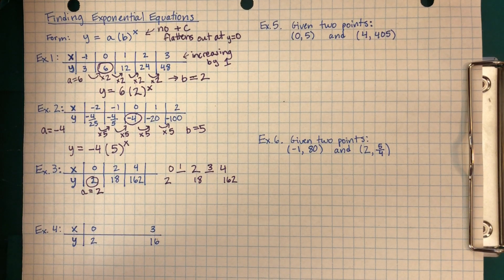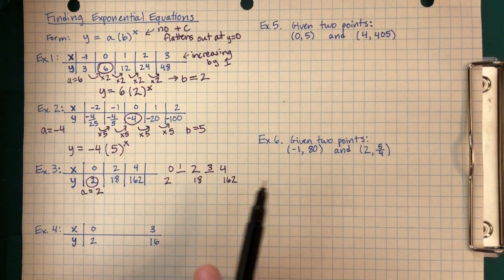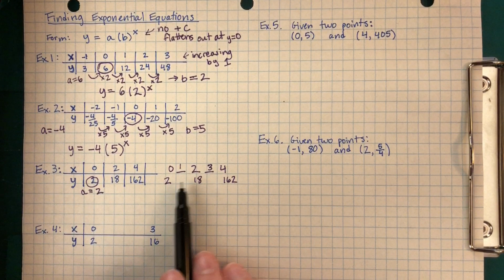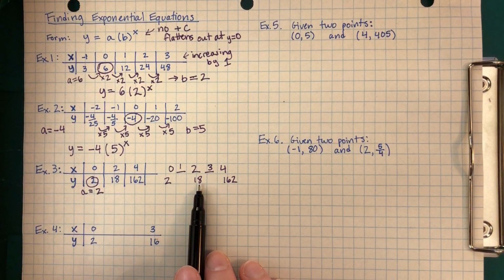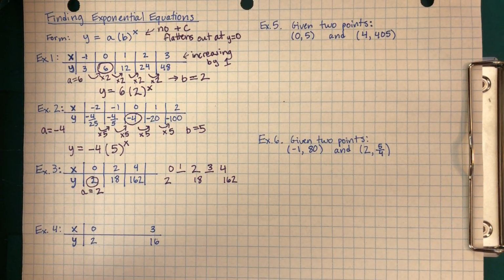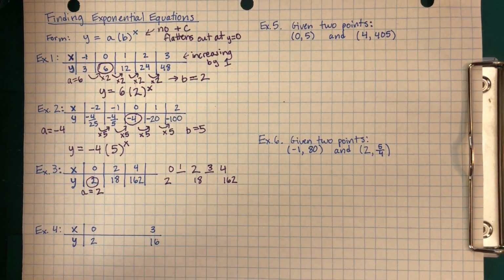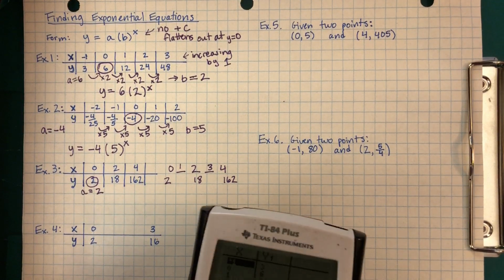So I'm going to explain this in a couple of ways. The first way, we're just going to try to figure out what number we would need to multiply by each time, even though we don't know this middle number. So between 2 and 18, I want to multiply by the same number twice to go from here and then to this next spot. So there's a few ways you could think about it. You could just try some different numbers.